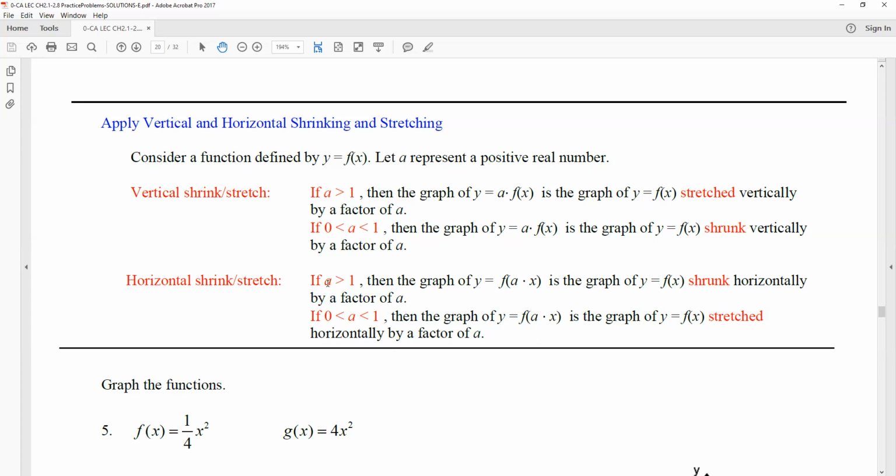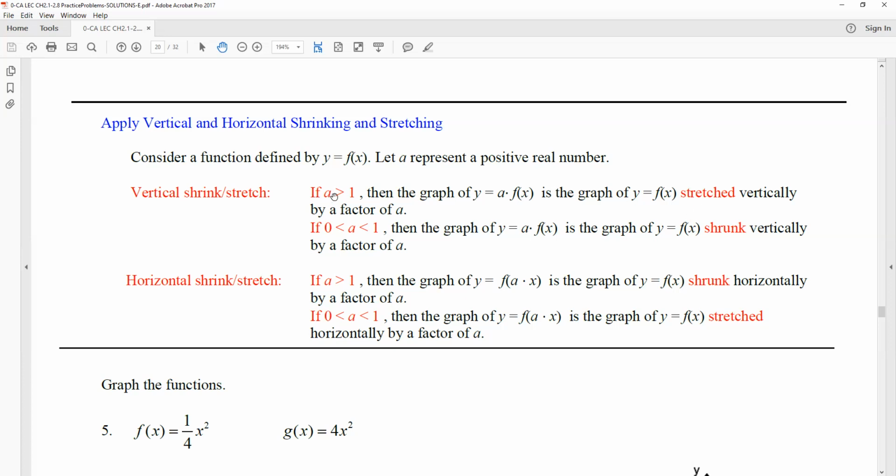Now, horizontal. If it's a positive number, then it's going to make it shrink horizontally, become narrower. If it's a fraction, it's going to make it spread out wider. Now, these are kind of reciprocal things, okay?